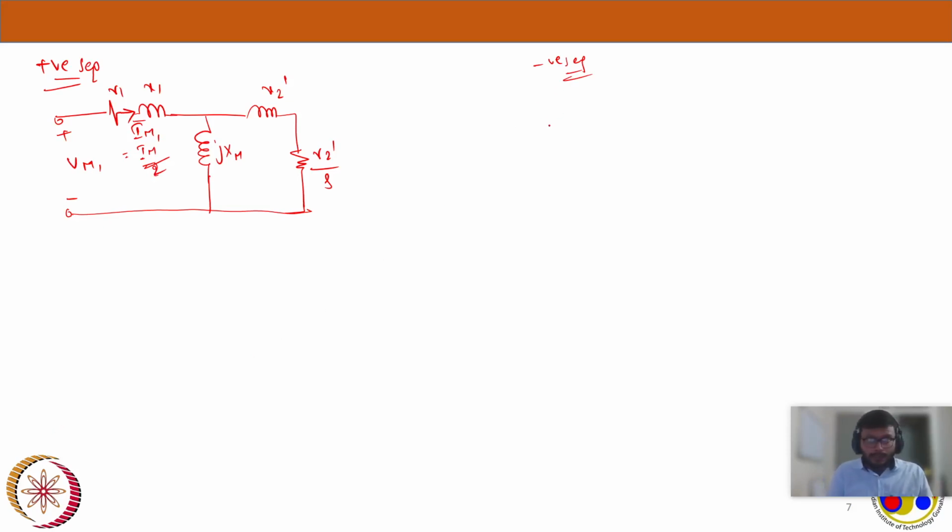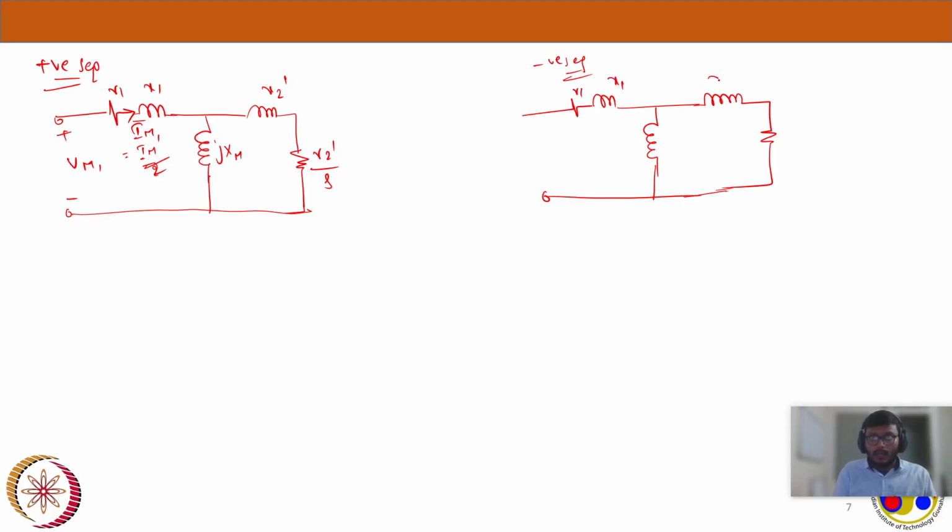Similarly for the negative sequence, R1, X1, and there will be a parallel magnetizing branch, X2 dash, and this is the resistor. R1, X1, X2 dash, and this is JXM, and here we have to pay attention: it is not R2 by S, but it is R2 dash by 2 minus S, because that's what we found in the negative sequence.